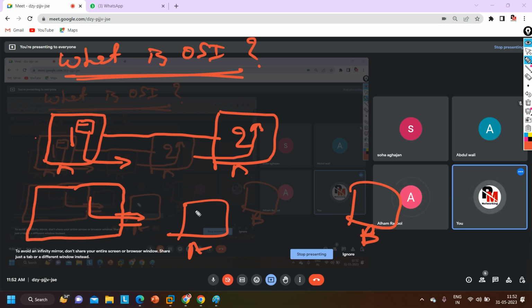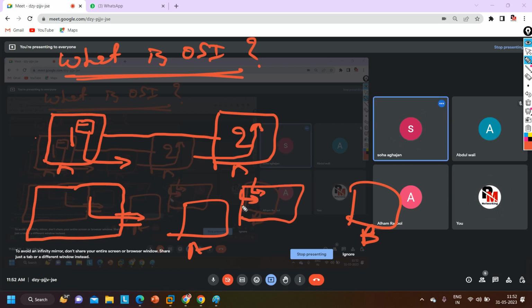If you send the letter directly, it may never reach point B. To send your letter to the exact destination, you use an envelope. On the envelope you put the source address and destination address, yes or no? Then only your letter can reach the exact destination.